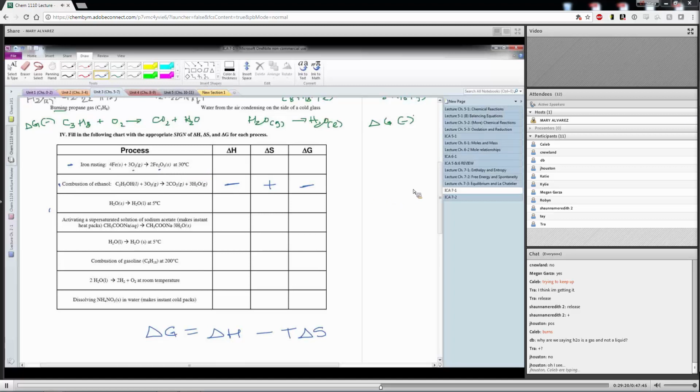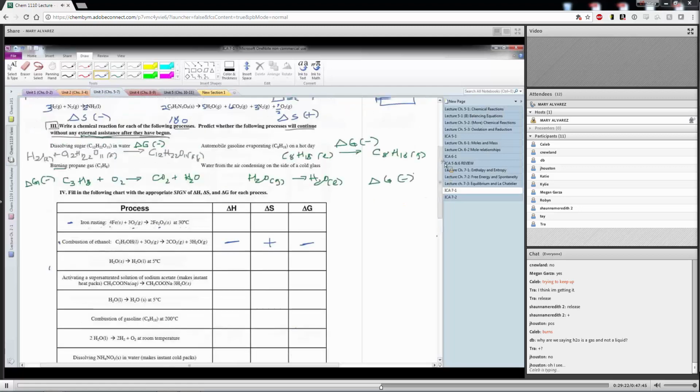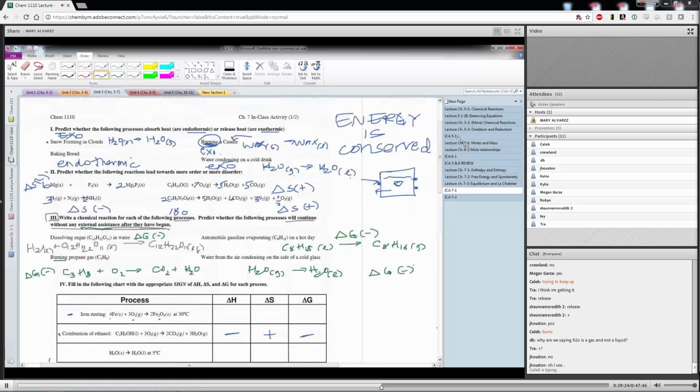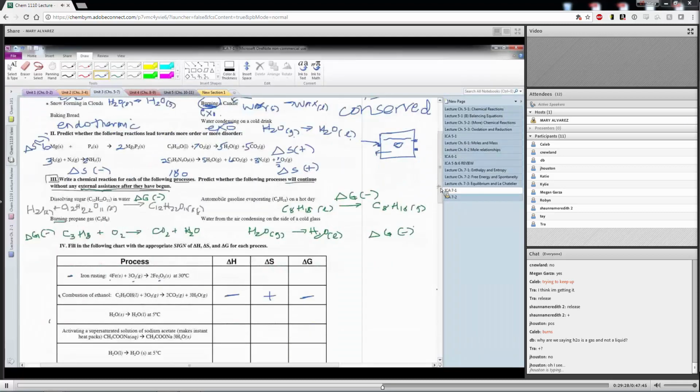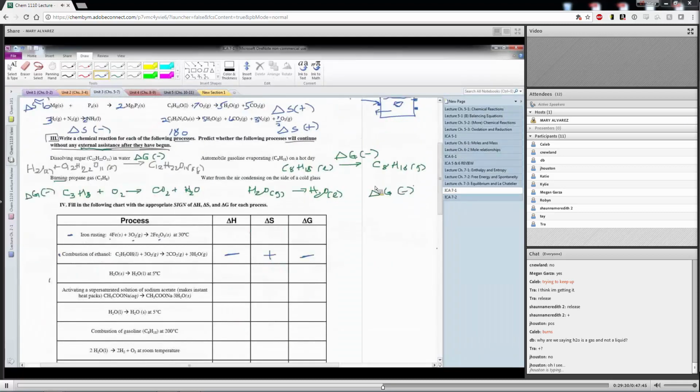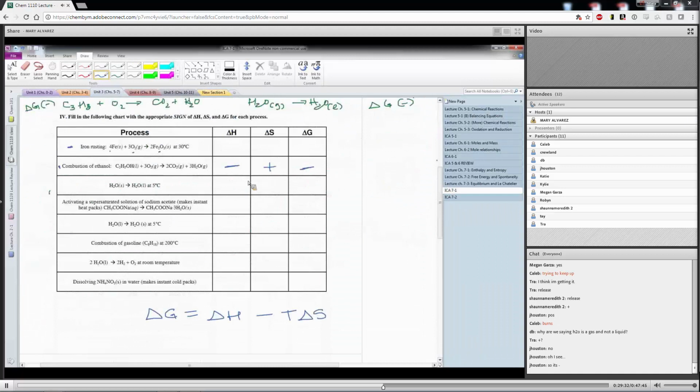It's the same things we were looking for in this section here, right? For predicting delta S. So it's negative. I'm definitely going to form more order here. Order, so negative. Perfect.